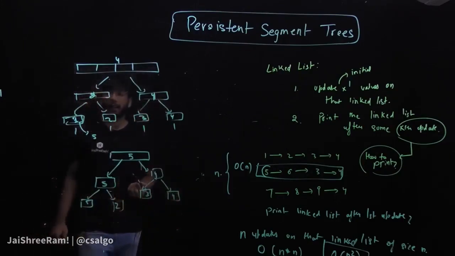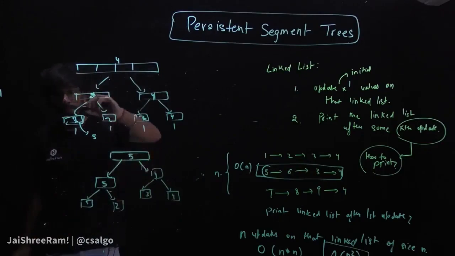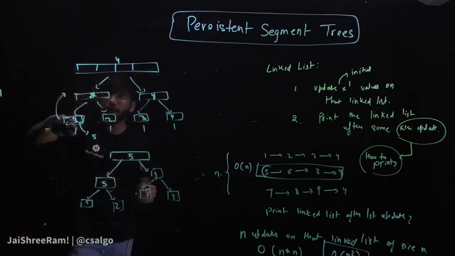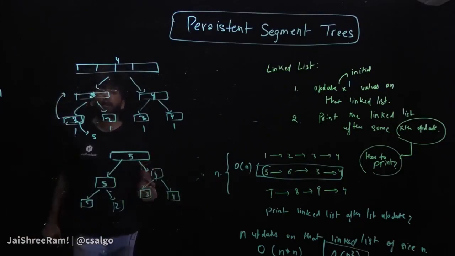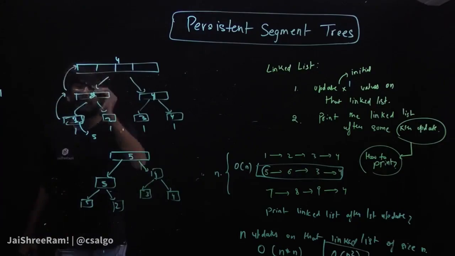So actually we can see that there is change only along the ancestors of this particular node on which the point update has actually taken place.